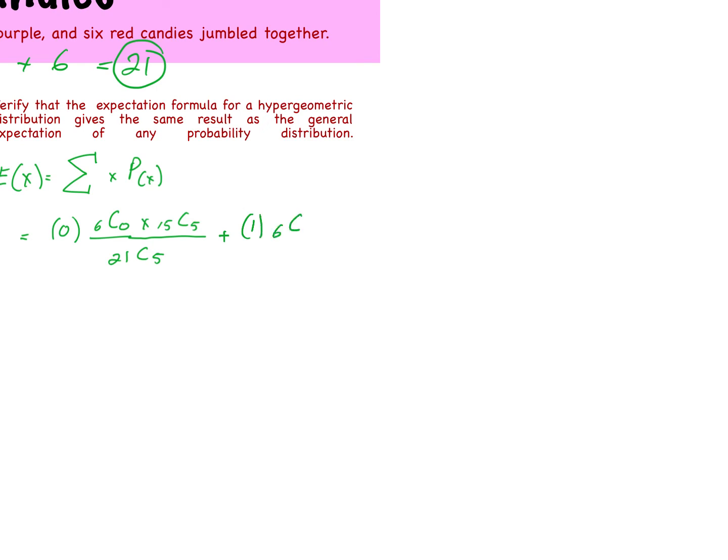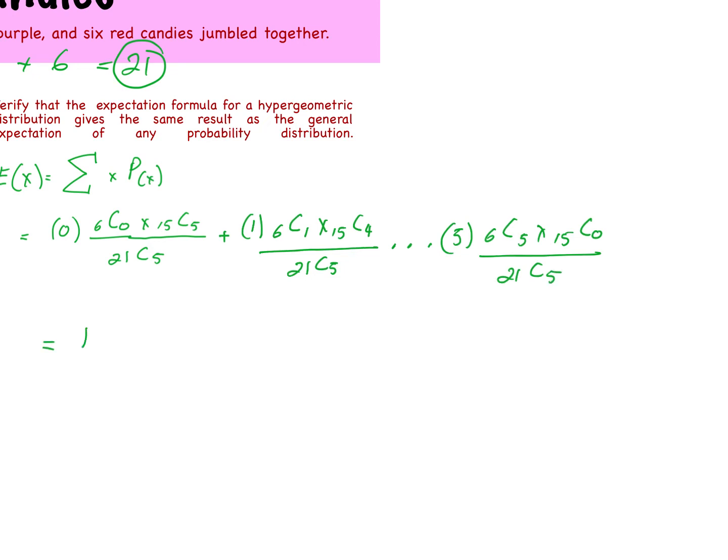So now we're at 6 choose 1 times 15 choose 4, all over 21 choose 5. And you're going to continue on down until you get 5 of the candies. So that's 6 choose 5 times 15 choose 0, over 21 choose 5. And that, once you do the math, is exactly the same value.